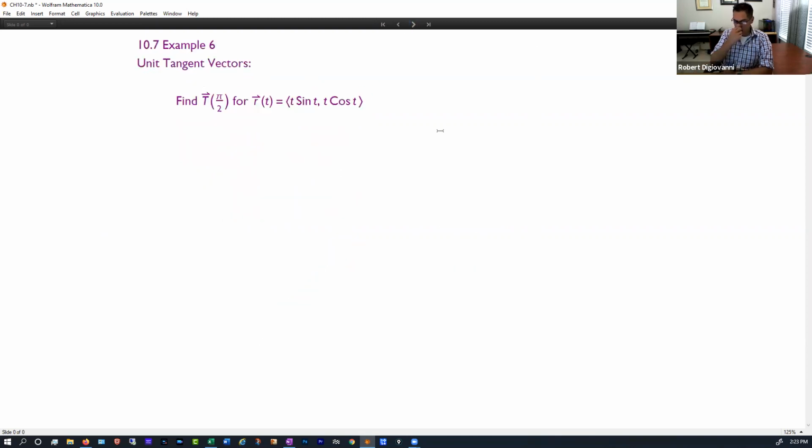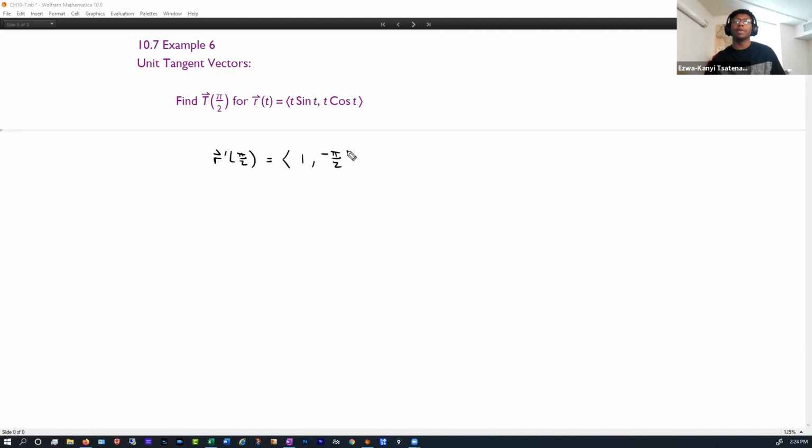So for the one that we just did, if we wanted to find capital T of pi over 2, all we would have to do is take r prime of pi over 2. What was that vector again? It was 1, negative pi over 2? Yeah, 1, negative pi over 2.